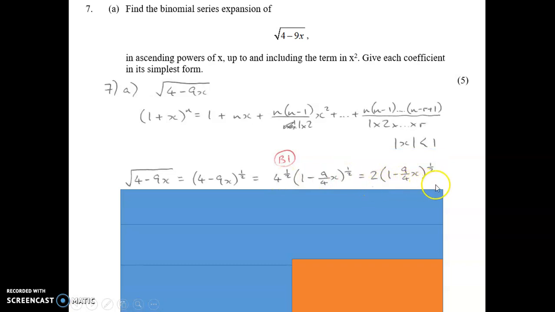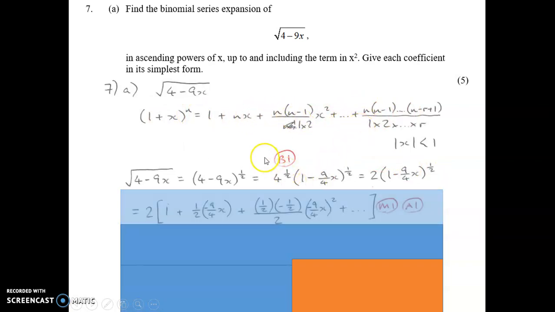So this is now in this form, obviously with a 2 out the front, so I need to make sure I keep that 2. So at this stage I can now just substitute my x, which is the whole of this bit, so negative 9 over 4x. I can substitute that into this formula wherever there's an x, and my n is a half, so again I can substitute a half in wherever there's an n.